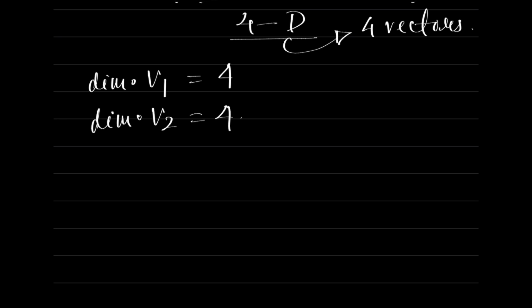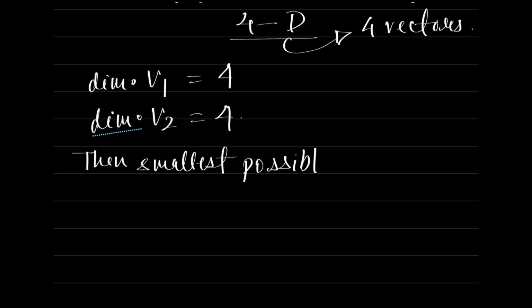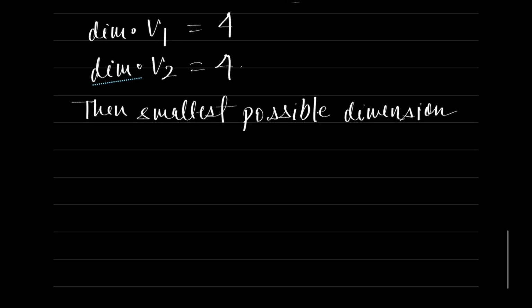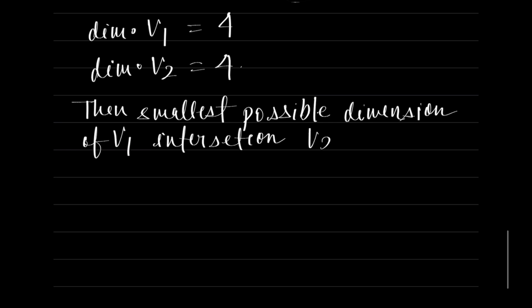Then the smallest possible dimension of V1 intersection V2 is what we will find out.